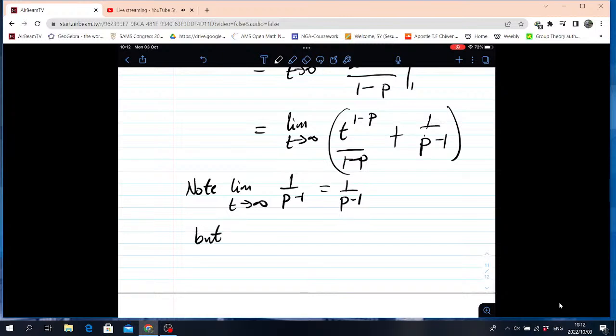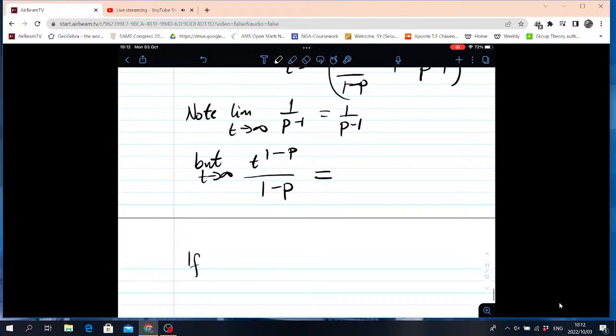But if we look at the limit as t tends to infinity of t to the 1 minus p over 1 minus p, we will see this is going to infinity. The reason is, if p is less than 1, then 1 minus p is greater than 0, a positive value.